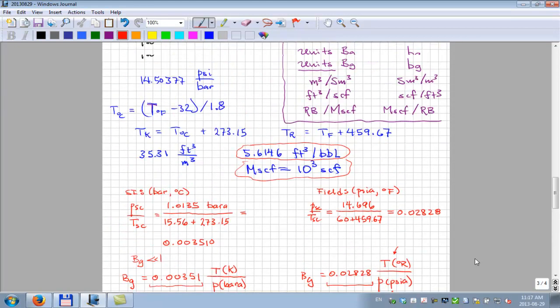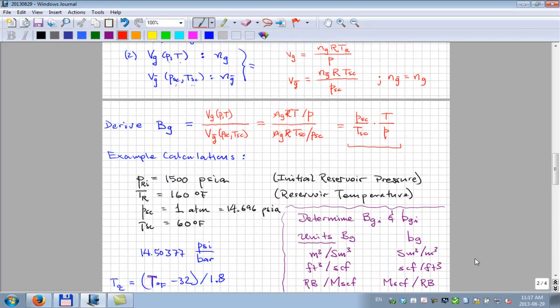It allows us to establish that the pressure dependence of gas formation volume factor is 1 over P, which is a good reason that when plotting graphically the data for a field, BG versus pressure, it's a much better idea to plot the inverse function, okay?